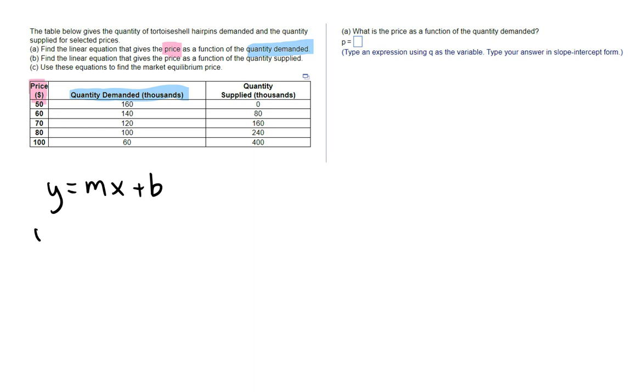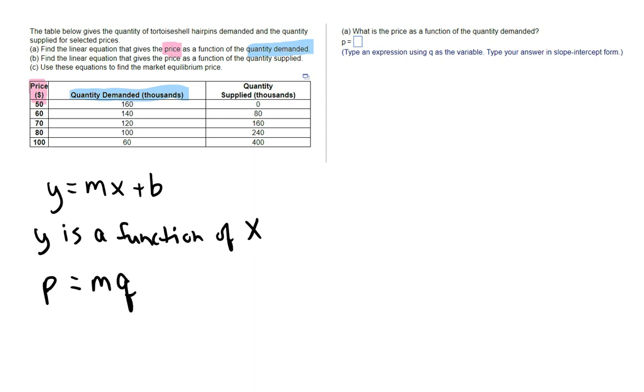That is when y is a function of x. So when they say price is a function of quantity demanded, the P is actually your y coordinate, price is your y, and Q is your x.